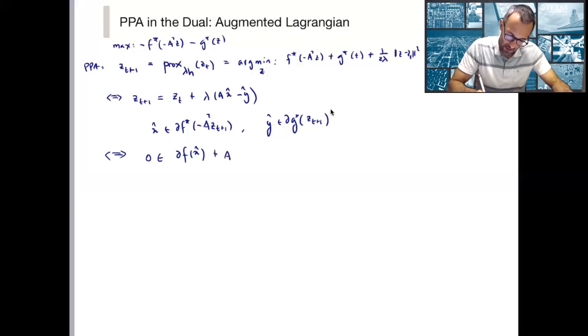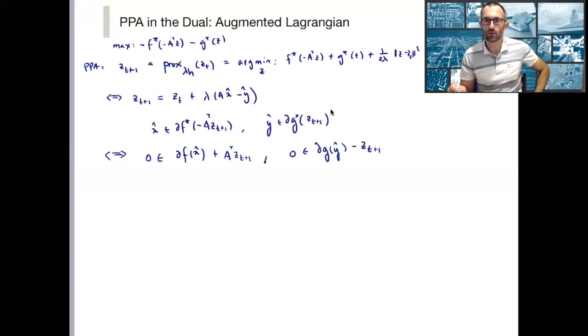And similarly, 0 is an element of the subdifferential of g at y hat minus z_{t+1}.